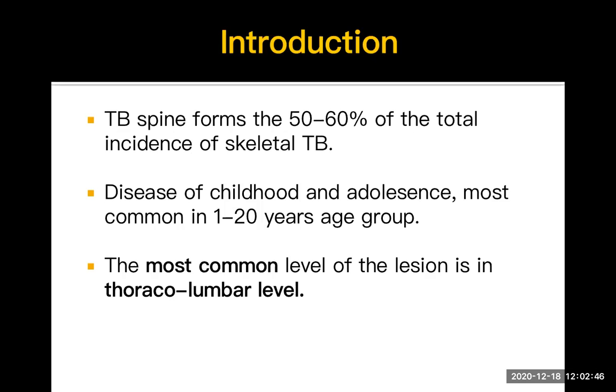These are the most common ones, but among them, the spinal one is the commonest. It is a disease of childhood and adolescence, and it is most common in the 1 to 20-year age group. So quite a young population is infected, and the most common site in the vertebra is the thoracolumbar level.